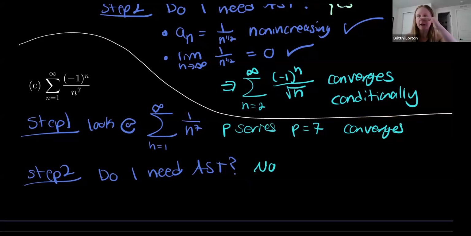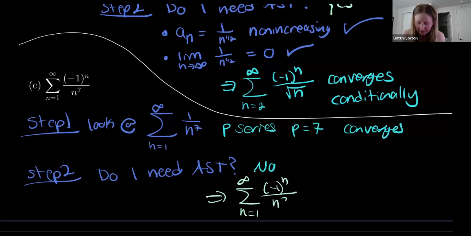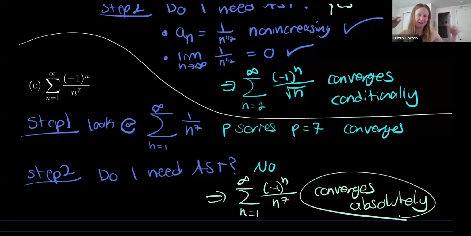So with the negative, it would have just gotten smaller, which means it still converges, which means they both converged, which means that the sum from n equals 1 to infinity of -1 to the n over n to the 7th converges absolutely. Ta-da.